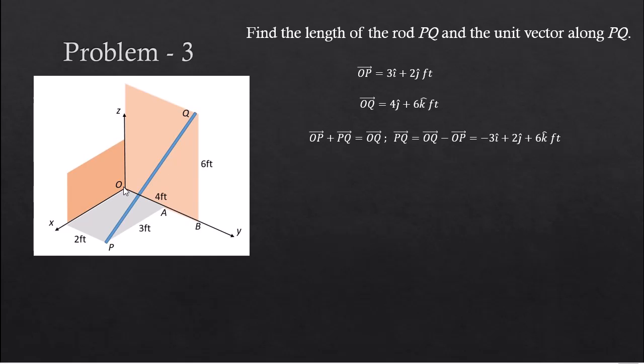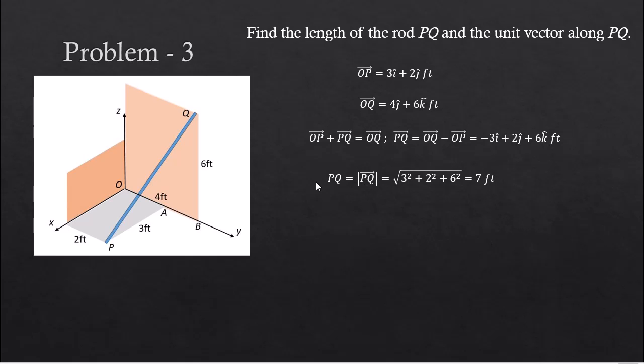But when you go from O to P and then P to Q, you have effectively gone from O to Q. So that is the vector addition principle, which means PQ is OQ minus OP. We know OQ and OP, so we can find PQ as this.